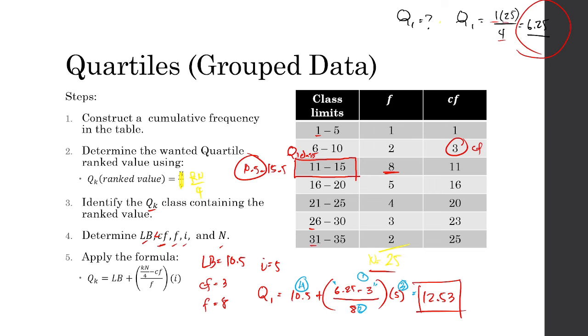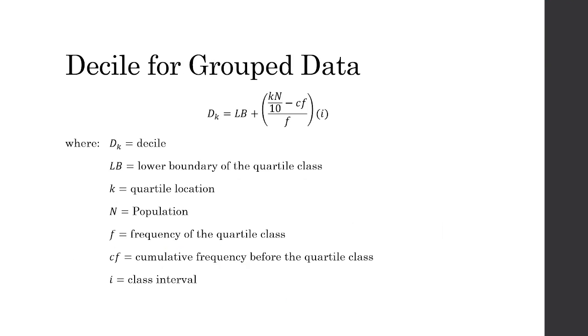So pwede niyo pagpraktisan yung iba pang quartile class natin diyan. So you can do the second quartile and third quartile. Also, that system is actually also true for decile. Almost the same method of computation, but instead of 4, you will be using 10. Okay?